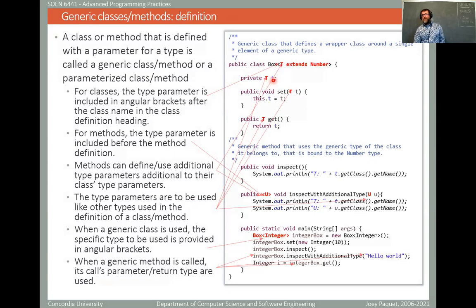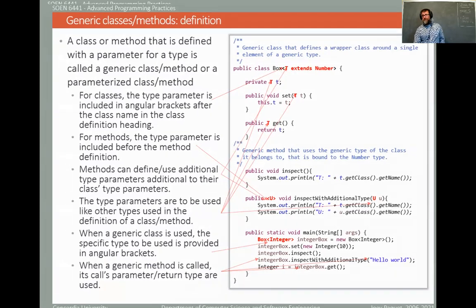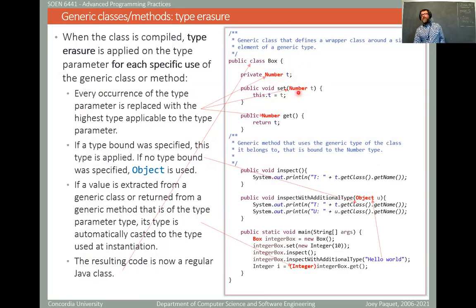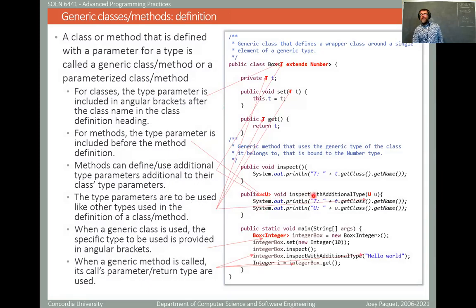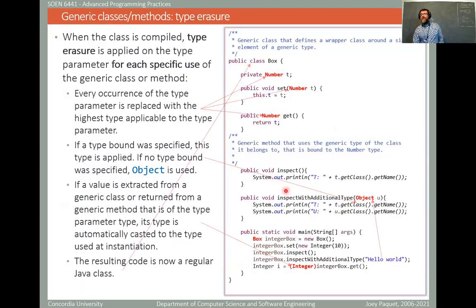You cannot create a Box of String for that reason, because all that you can manipulate is Numbers, and String is of course not a subclass of Number. And for the parameterized member function here, as it does not have any bound, it replaces the U by Object.